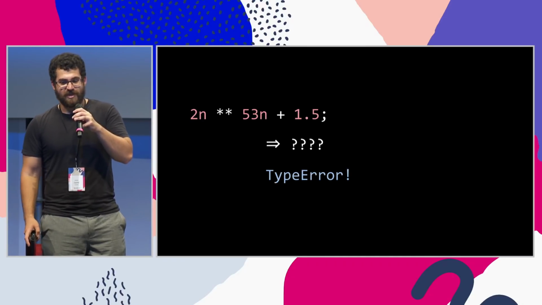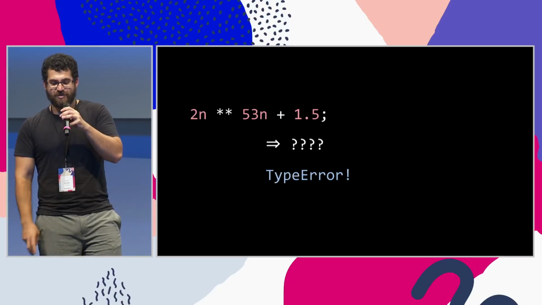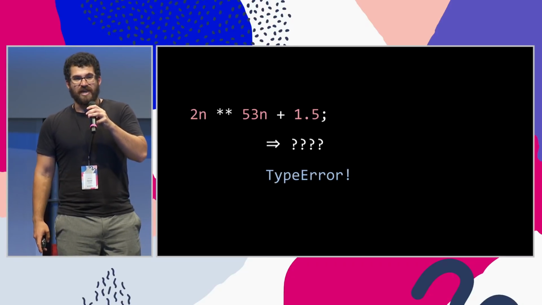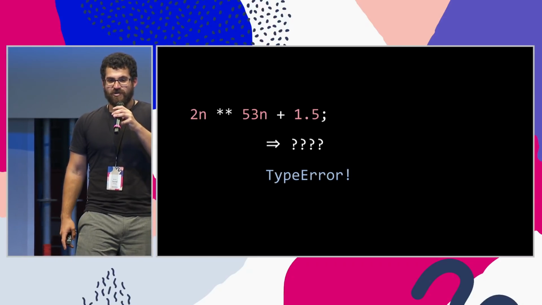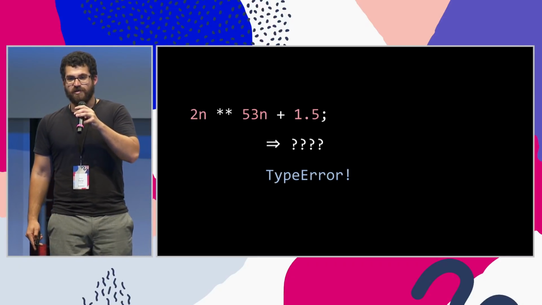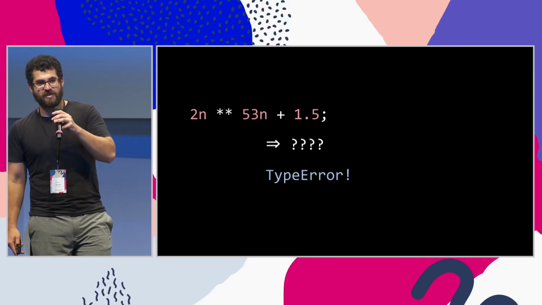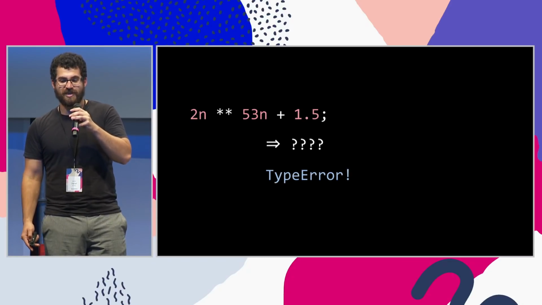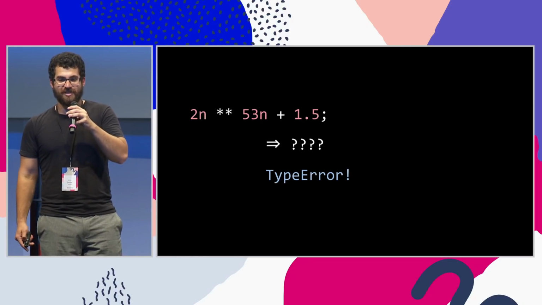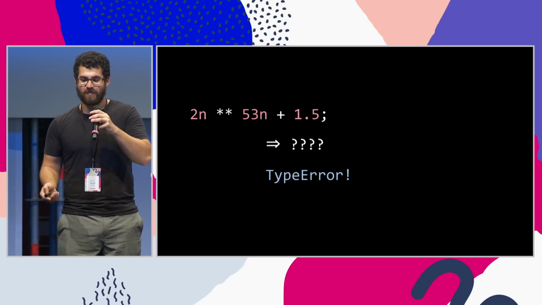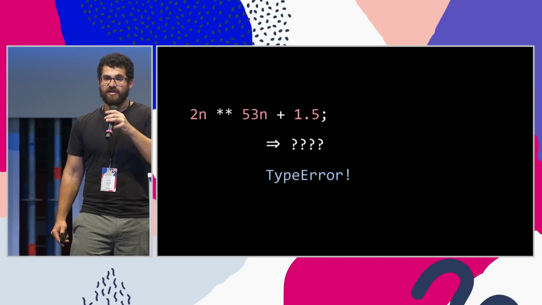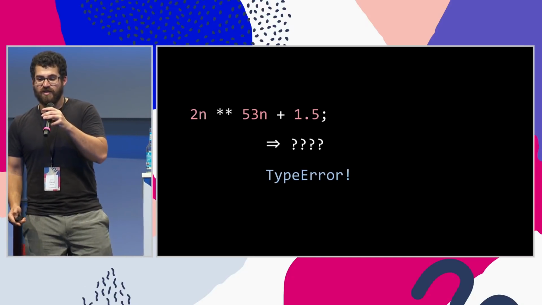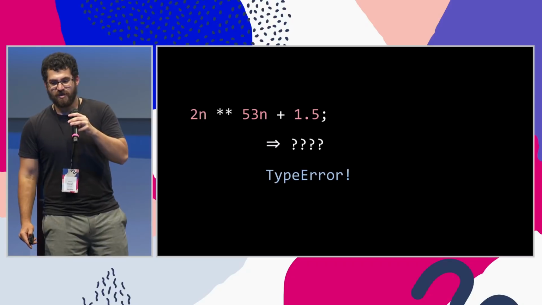But what integer would you get when you add a very large integer, 2 to the 53 plus 1.5? The answer isn't actually contained in the set of integers or in the set of representable floating point values. So rather than come up with the wrong answer, when the whole point of the feature is to come to the right answer, we would throw a type error in this case. We would just say, we're not going to come to an answer. So actually, you can't mix BigInts and numbers in general in mathematical operations.